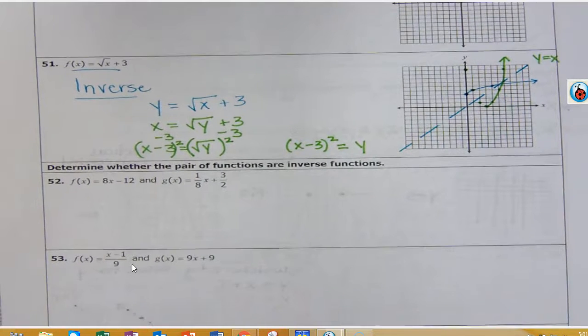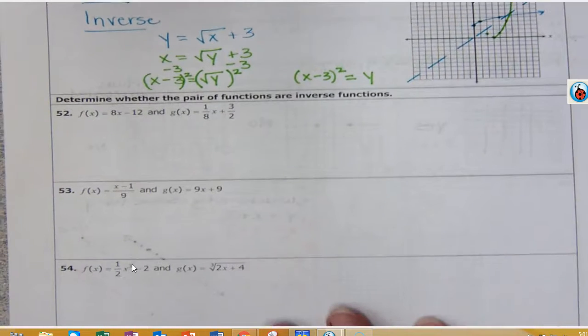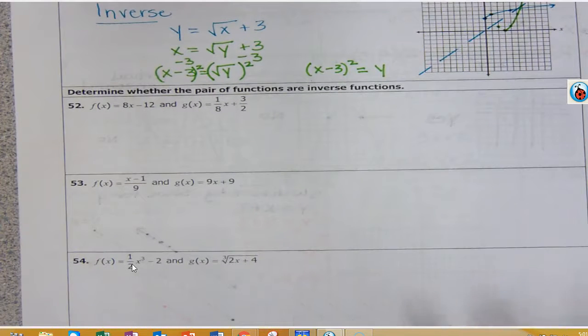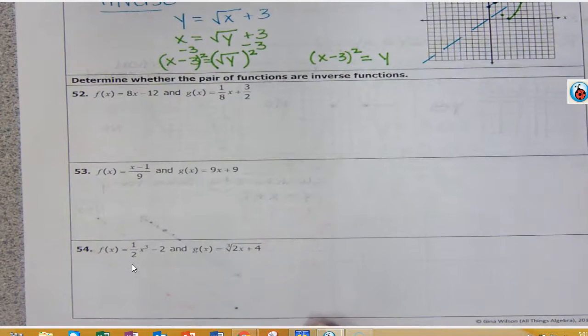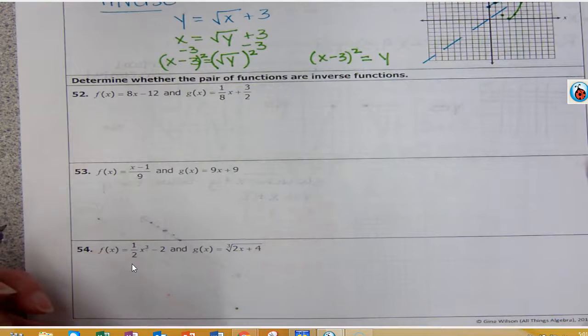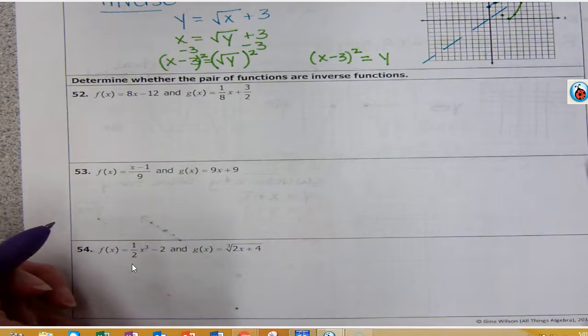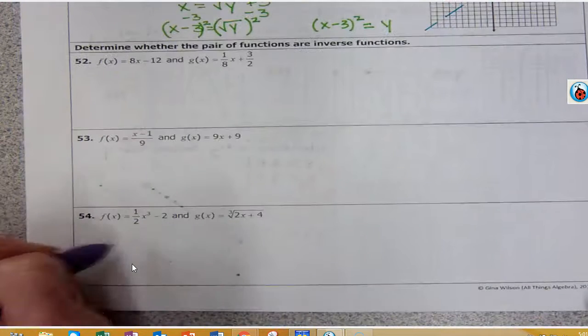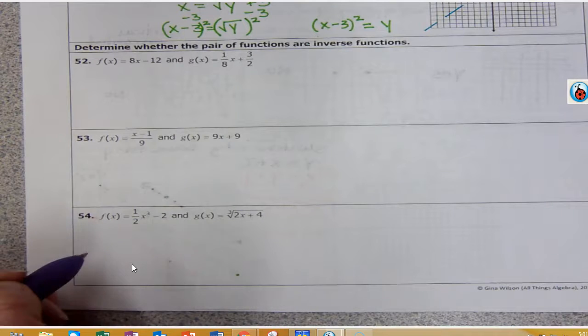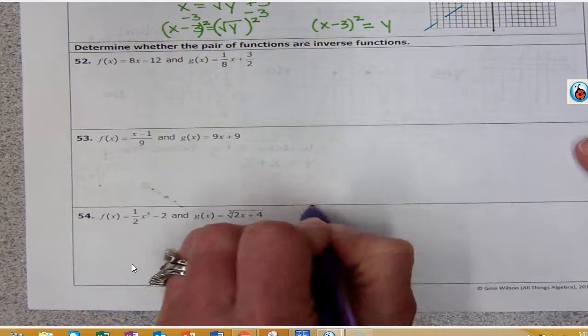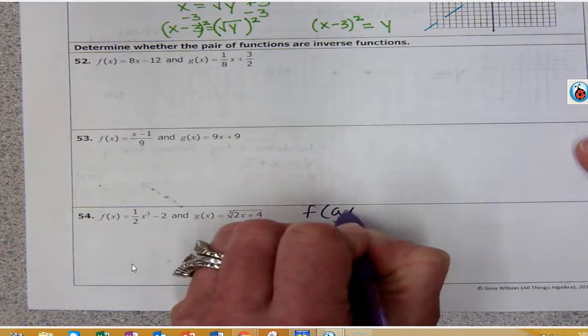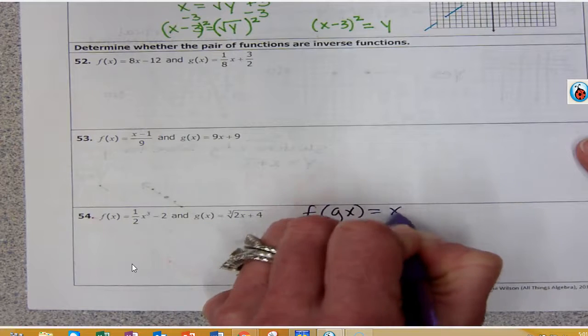Okay, so now we're going to see whether or not these are inverses of each other. And the way that you do that is you basically are going to say, does f of g of x equal x?